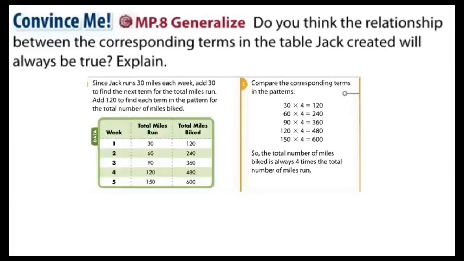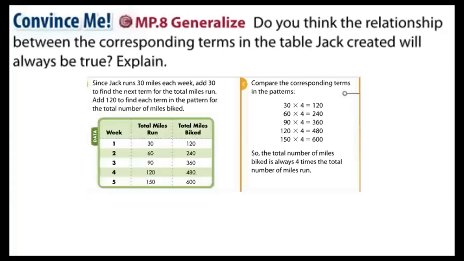Since Jack runs 30 miles each week, add 30 to find the next term for the total miles run, and add 120 to find each term in the pattern for the total number of miles he biked. So he started to run on the first day 30 miles, and on the first day of biking, he rode his bicycle for 120 miles.